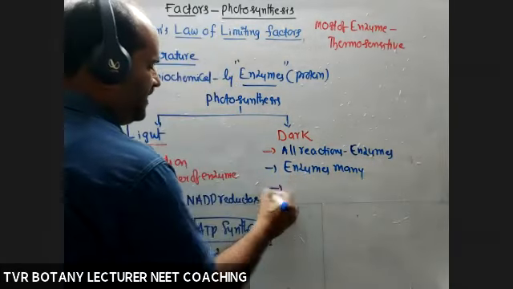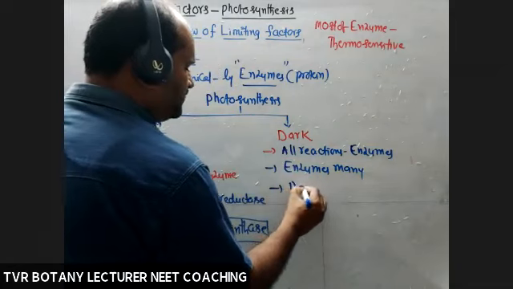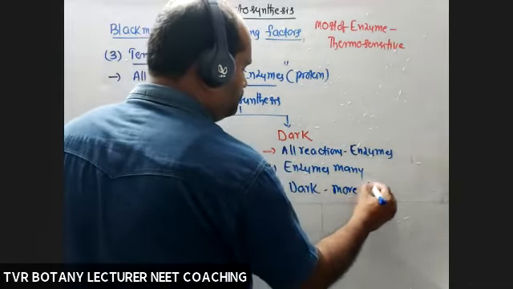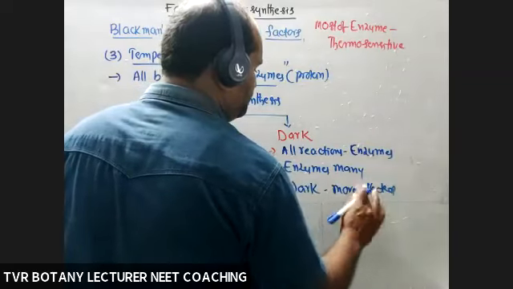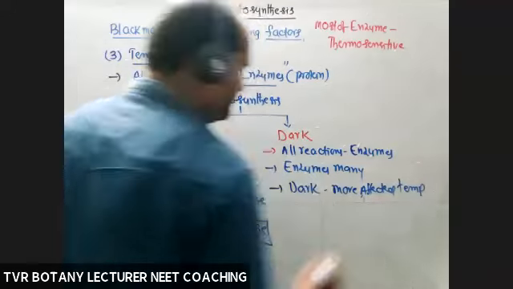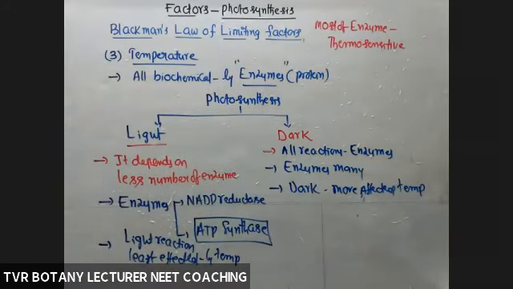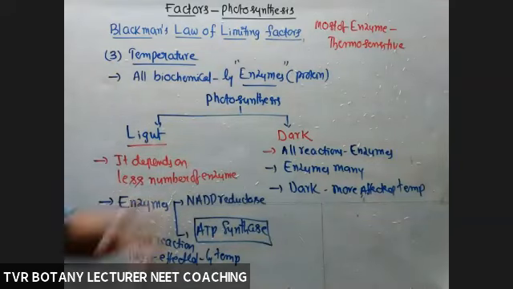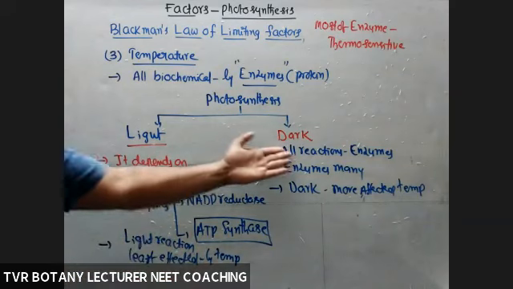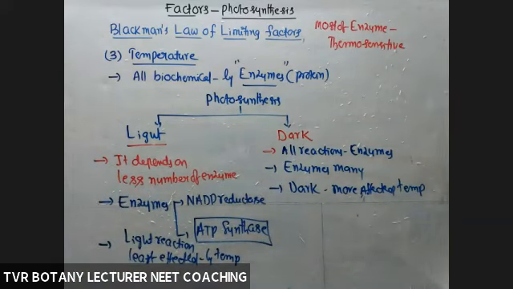So if many are required, definitely the dark reaction is more affected by temperature. The only difference is the number of enzymes. Least number of enzymes, least affected. More number of enzymes, more affected.